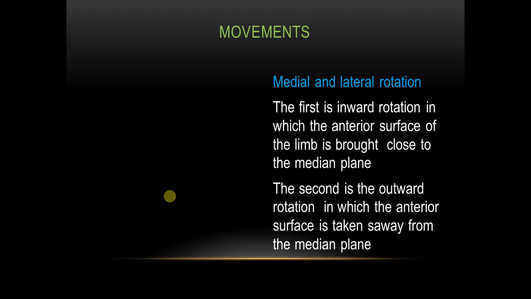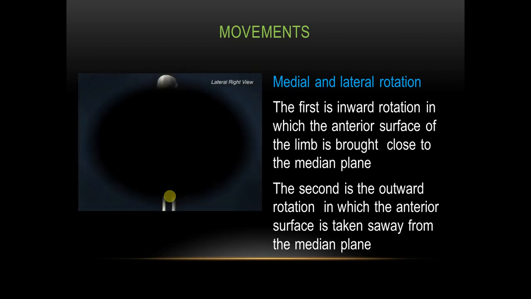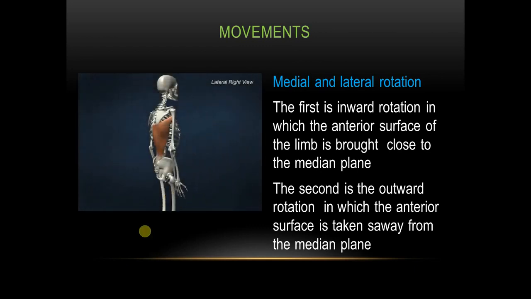The next movements are rotary movements. We call them medial and lateral rotation. Medial rotation is the inward rotation in which the anterior surface of the limb moves close to the midline.